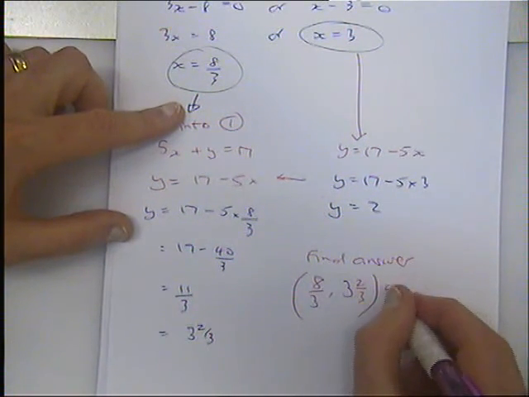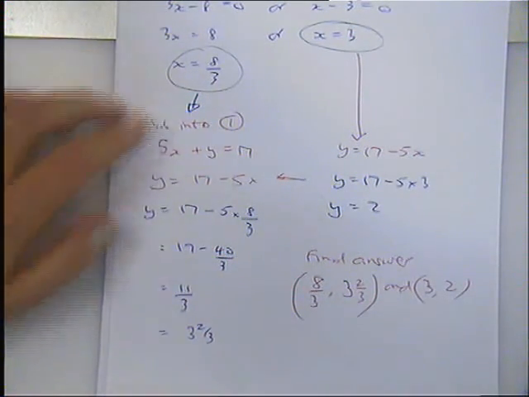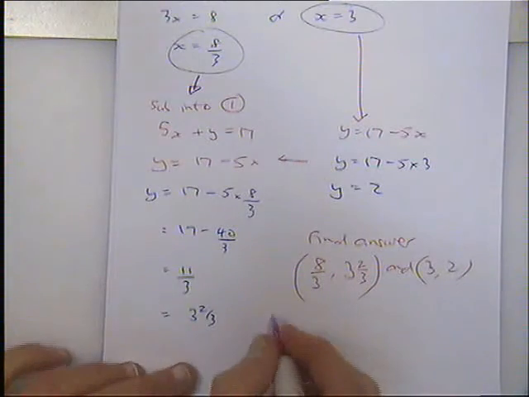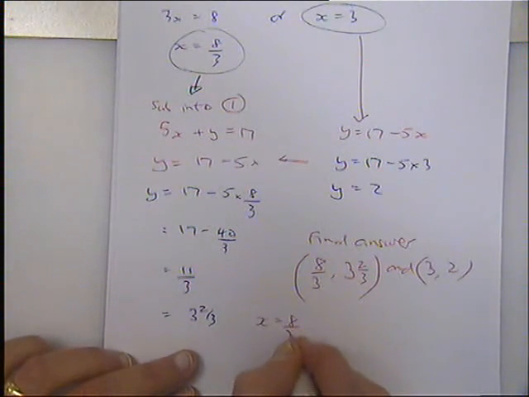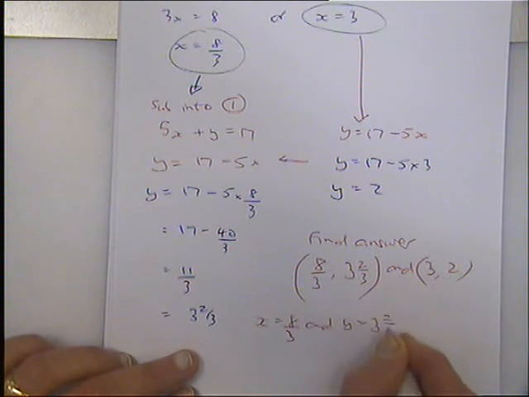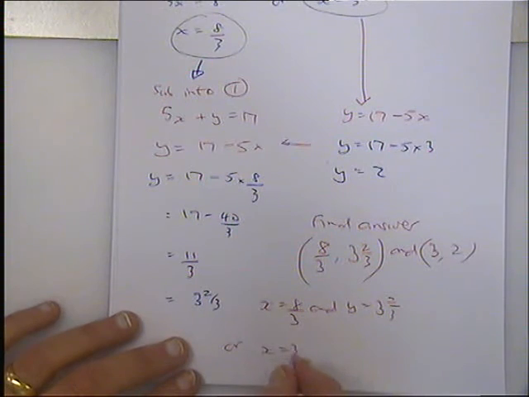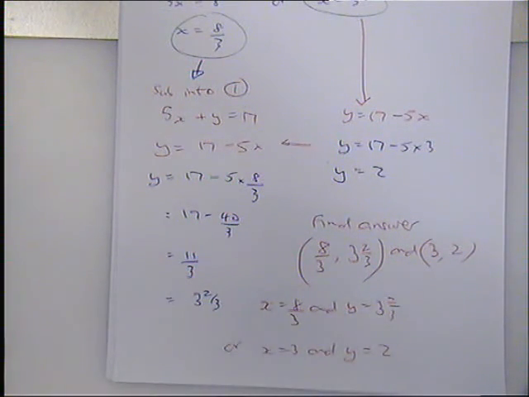And the second one was 3, 2. Or you could literally write out x equals 8/3 and y equals 3 2/3, or the other possibility, x equals 3 and y equals 2.